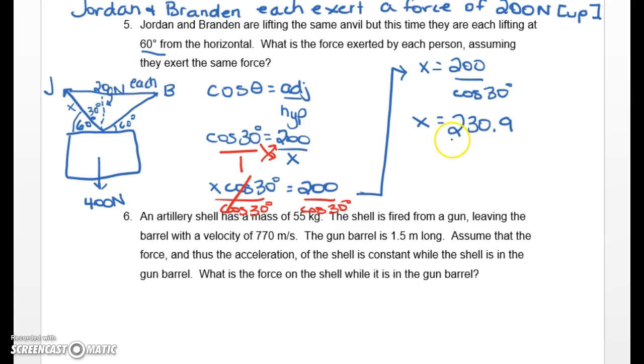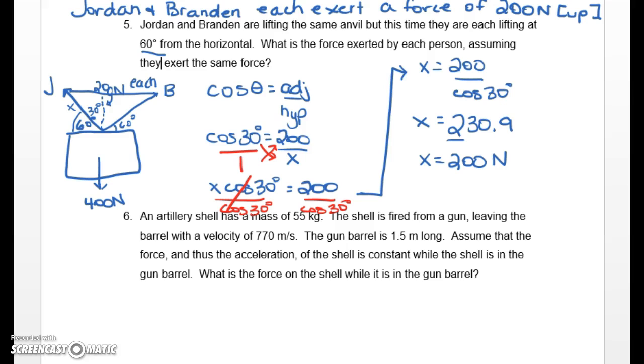So that means that our answer also has to have 1 sig fig, meaning our answer once again is 200 newtons, which I know is probably going to make some of your brains really upset because now we have the exact same force being exerted on our anvil, which we know is not the case, especially since we had this rounded value of 230.9, but that is the way that sig figs work.